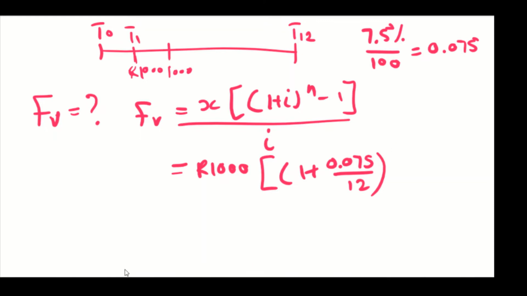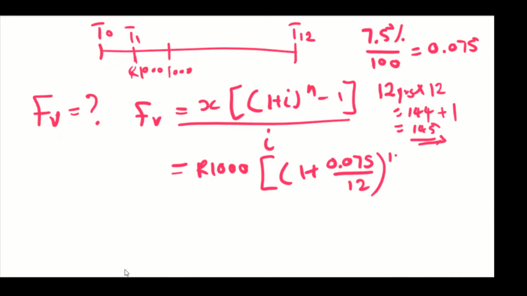Remember I said it's 12 years multiplied by 12, compounded monthly, which gives you 144, but because we want the future value when the last payment is made immediately, we just add 1, which would be 145.